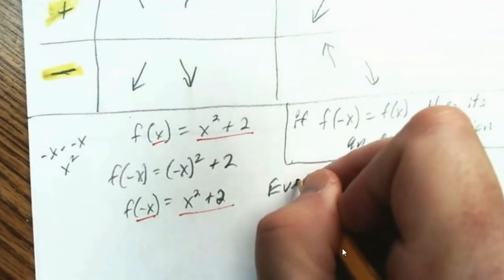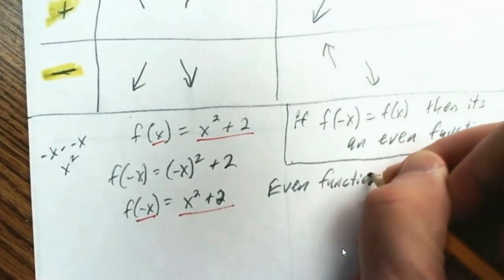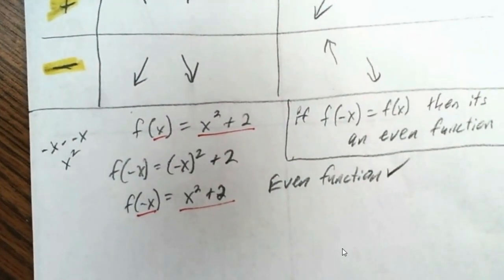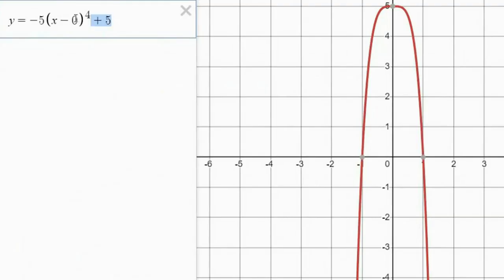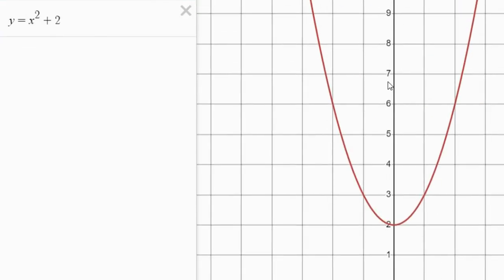This is an even function. We checked it algebraically, and we can graph it. X squared plus 2. Yep, look there. It's symmetric to the y-axis.